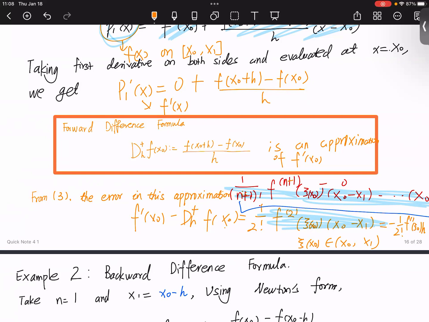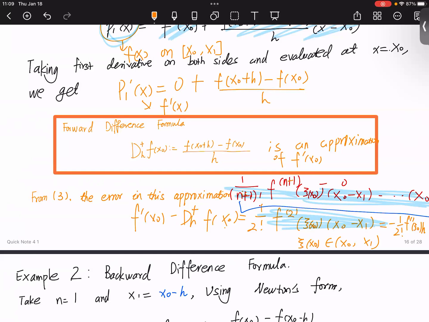Today, what we are going to do is derive a formula with higher order of accuracy. We want higher order, and maybe we can derive formulas such that they have accuracy of order 4.